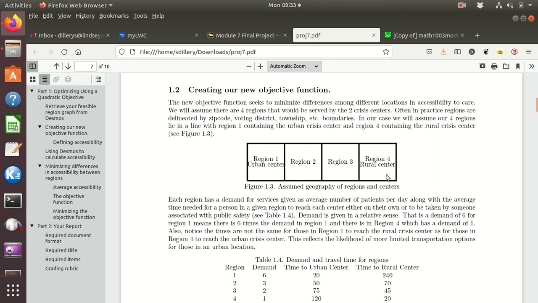We've got the rural center that we're trying to staff here in region 4. And now we've decided that between the two centers we're going to have 15 counselors. But we don't know how many for each center.